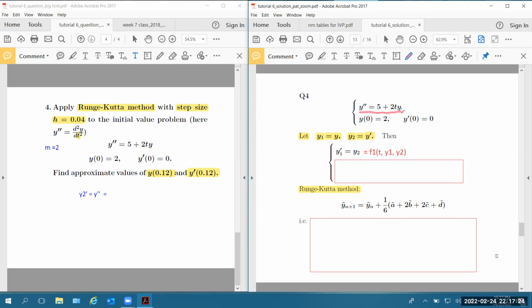Your y double prime is this, right? So we just get 5 plus 2ty. Well, now we are very familiar already, right? So let me straight away put y1, because y is just y1, right? So that's what we have.